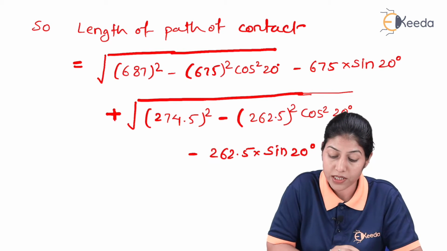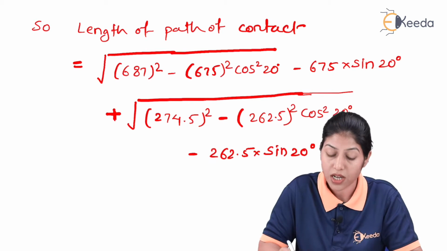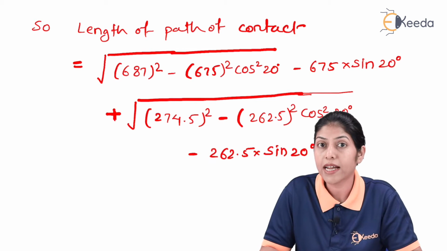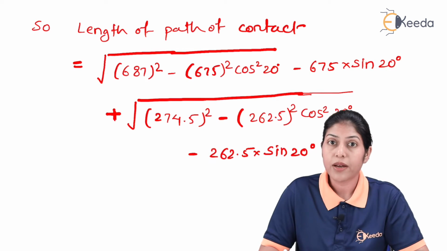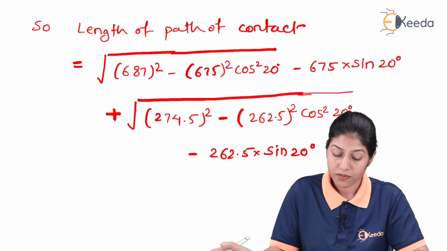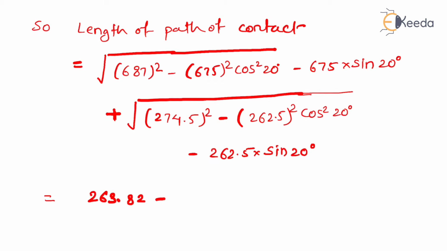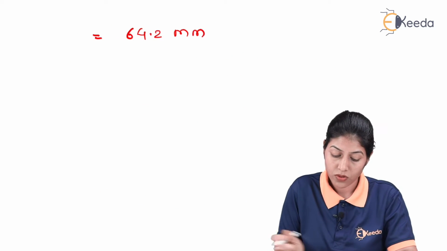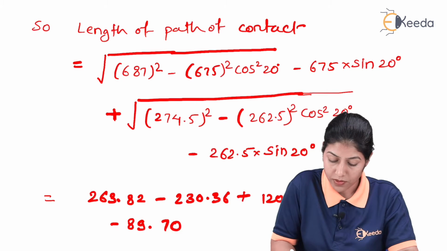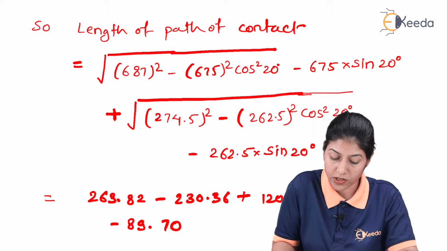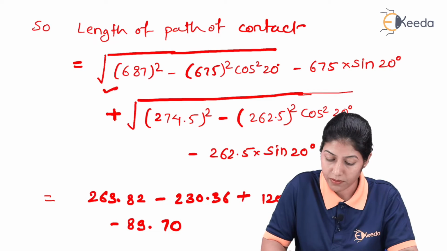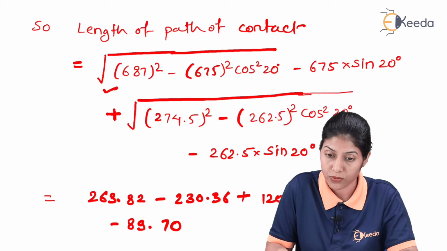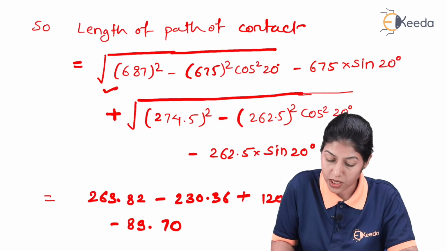We will simplify this term, we will calculate this equation and we will get the exact length of path of contact. So here I am going to write the complete simplification. So the final value, after calculating, we will calculate first this term under root of this complete term minus 675 into sine 20, plus under root of this complete term minus 262.5 sine 20.